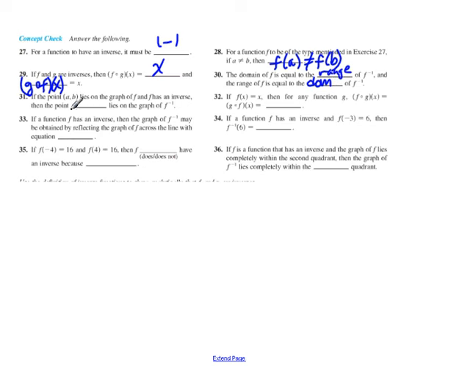If the point a, b lies on the graph of f and f has an inverse, then the point b, a lies on the graph of f inverse. If f of x is equal to x, then for any function, f composed with g of x is equal to g composed with f of x, which is equal to x.